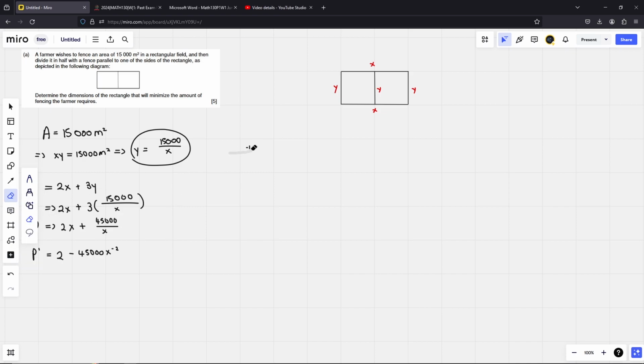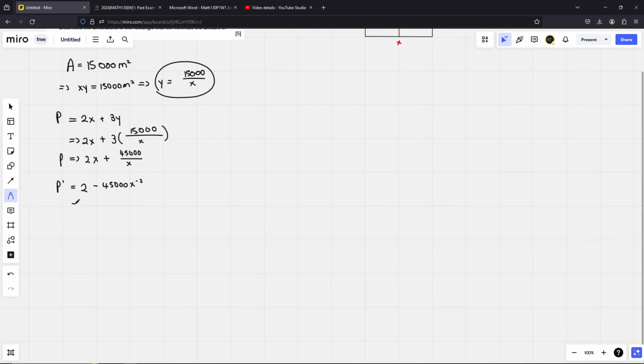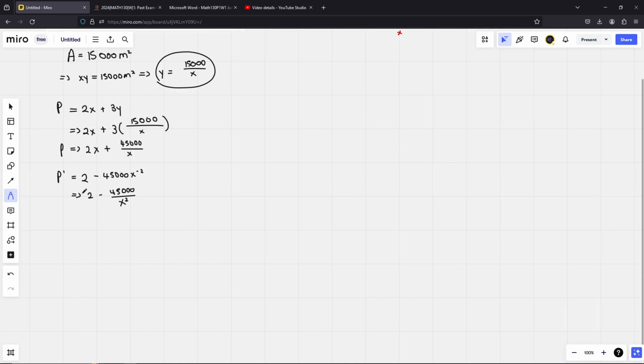Okay. Now rewriting this is going to be 2 minus 45,000 all over x squared, and this is by exponent laws. So this is my derivative of the perimeter, and I want the minimum of this equation. So I'm going to set this equal to 0.